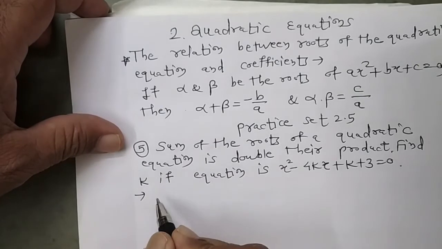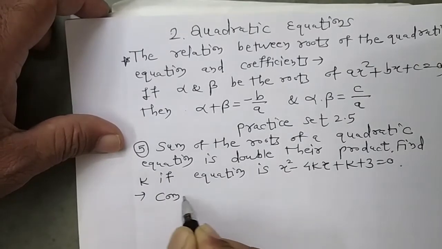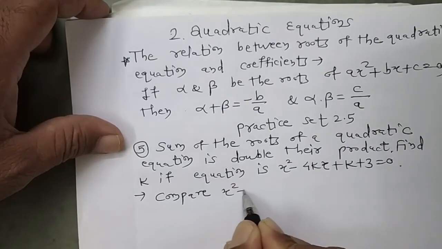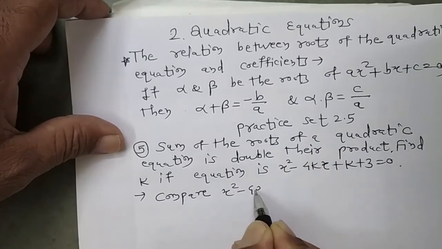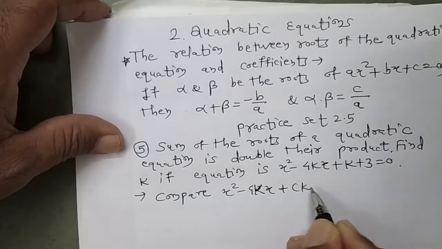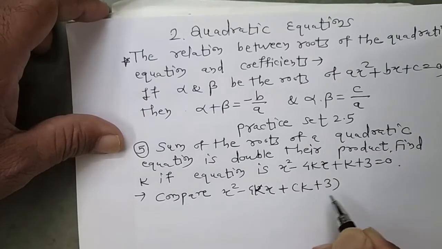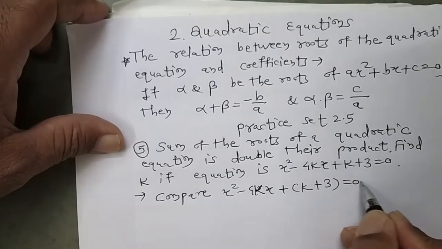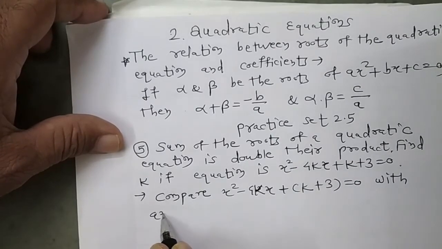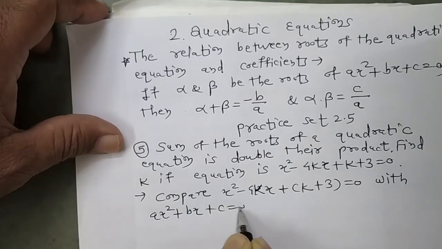For this, compare x square minus 4kx plus (k plus 3), this is the constant term, equal to 0, with ax square plus bx plus c is equal to 0.